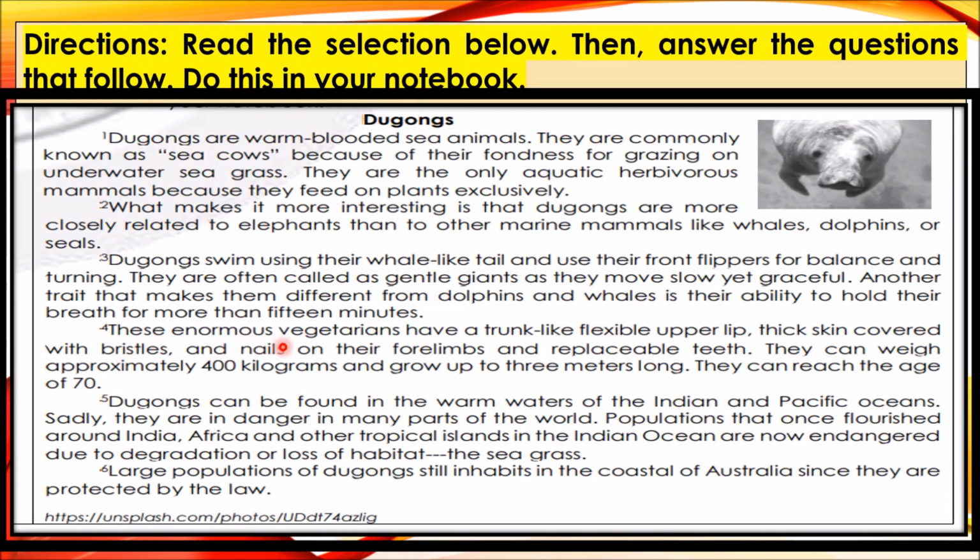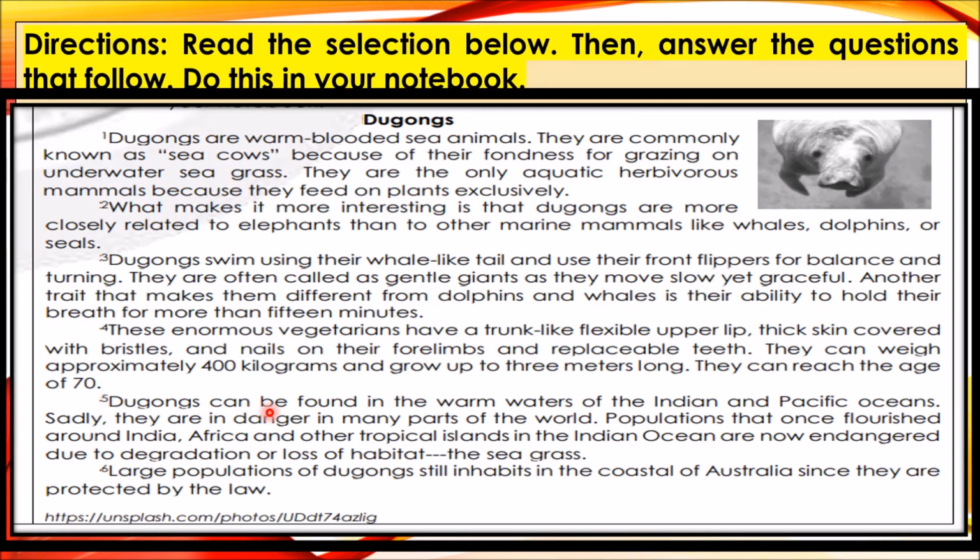These enormous vegetarians have a trunk-like flexible upper lip, thick skin covered with bristles, nails on their forelimbs, and replaceable teeth. They can weigh approximately 400 kilograms and grow up to 3 meters long. They can reach the age of 70.